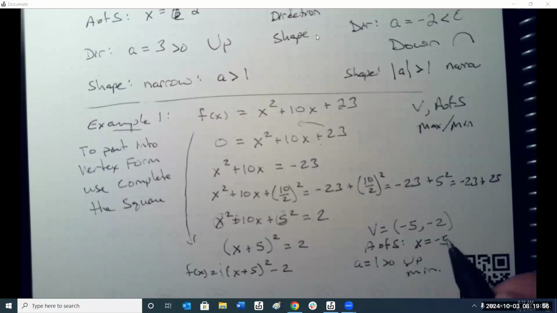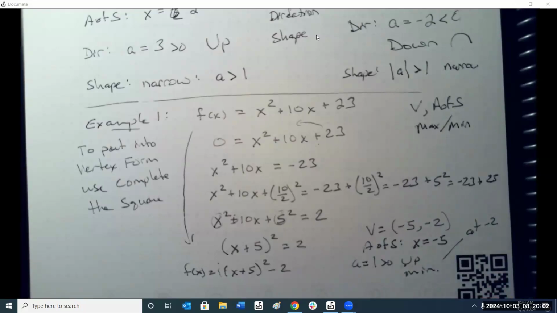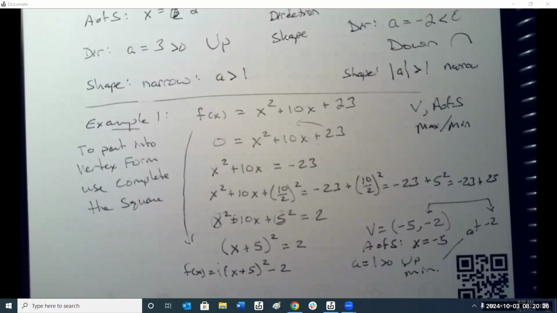And the min of the function is at negative 2. All right, so this finds us our vertex, axis of symmetry, and we know what the min is. It's the y value, because that's the lowest value we have.